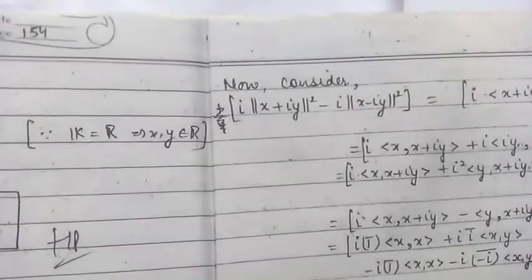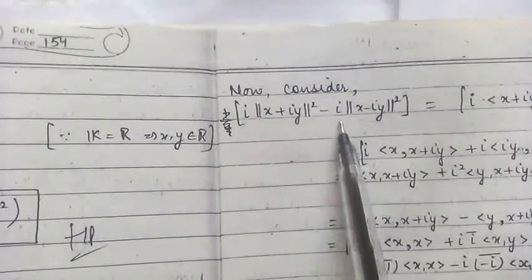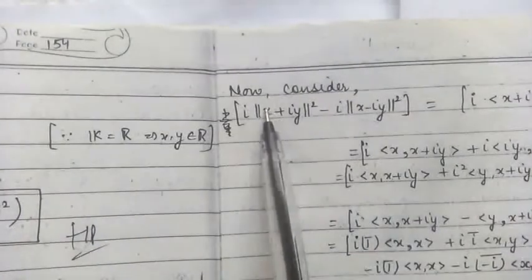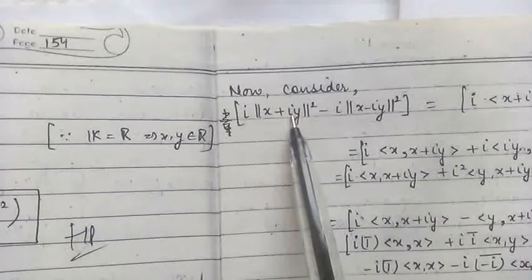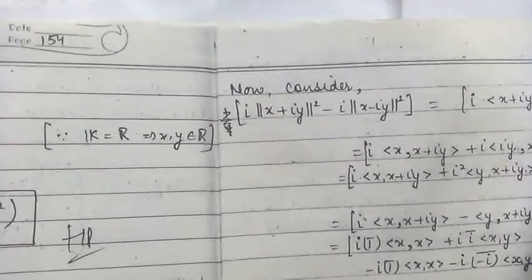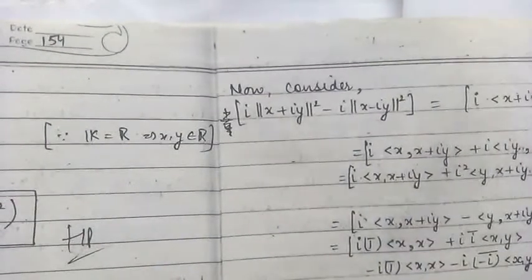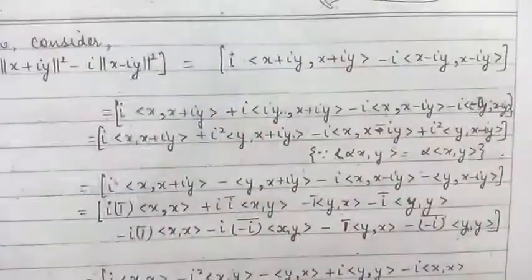Now further, let us consider the expression iota into the norm of x plus iota y squared minus iota into the norm of x minus iota y squared. Again, using the definition of norm, the norm of x plus iota y squared means inner product of x plus iota y with itself, and the norm of x minus iota y squared means inner product of x minus iota y with itself.